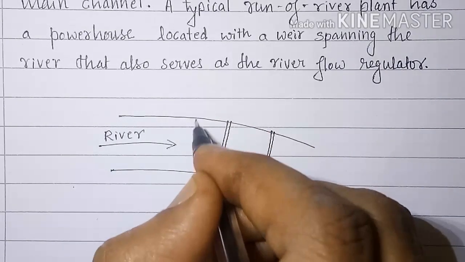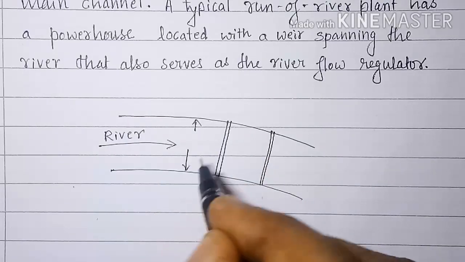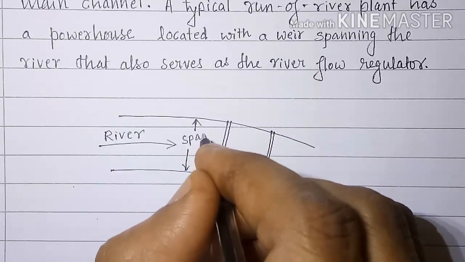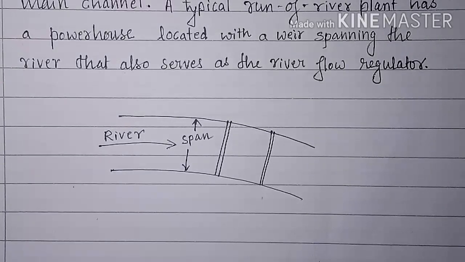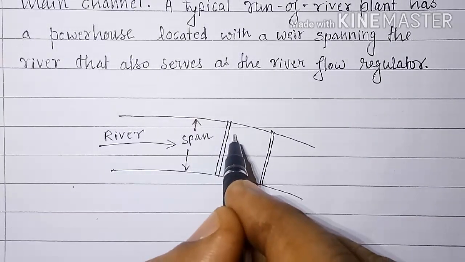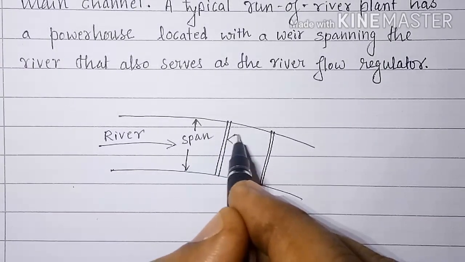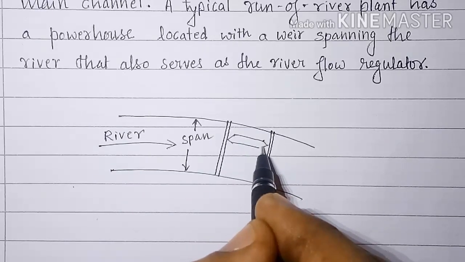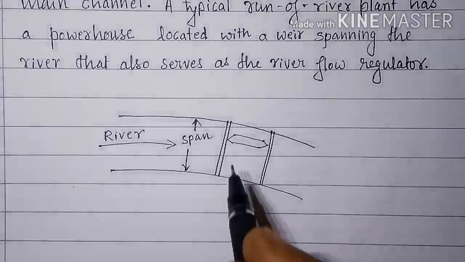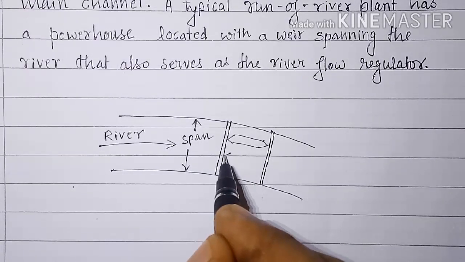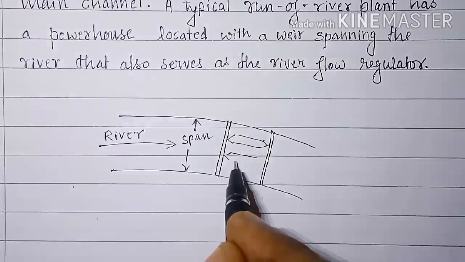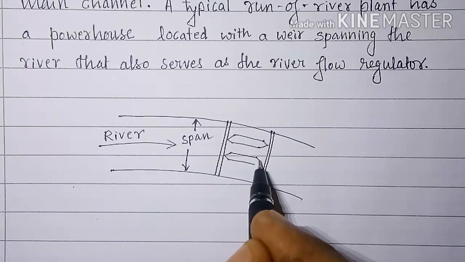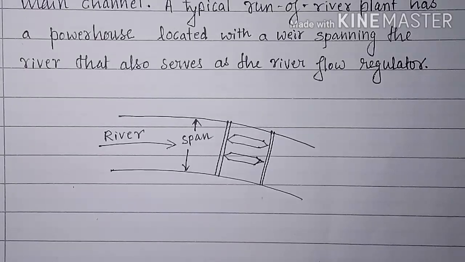River span means this length here from one bank to other bank, right? And here small gates can be provided so that you can control the flow of water in the river. You can store water for very short duration of time. Otherwise, the water will flow over the barrage.